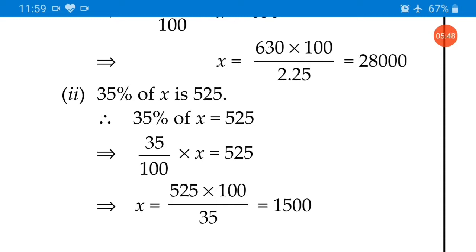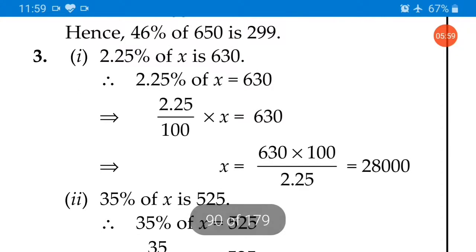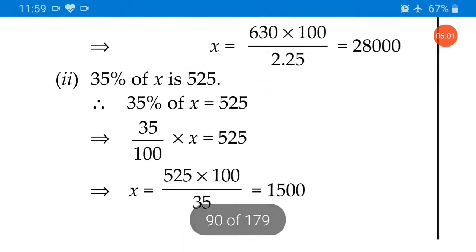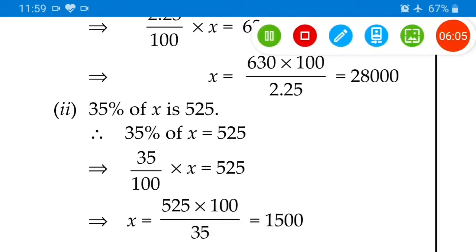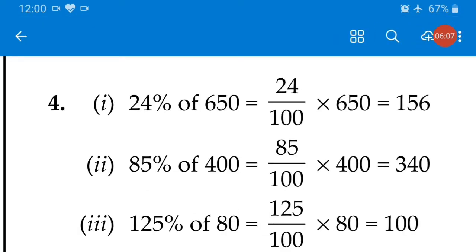Because we want the x value, when you simplify, you will get 1500 as the answer. Like that we have to do different sums, and this type of sum is very easy. Now the last question, question number 4 from this exercise.